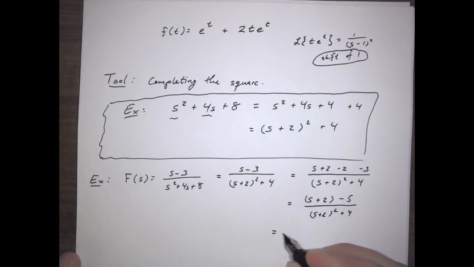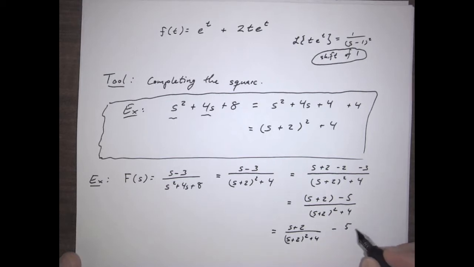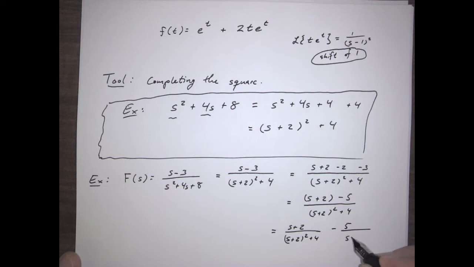And so then this we could break up into (s plus 2) over ((s plus 2) squared plus 4) minus 5 over ((s plus 2) squared plus 4).